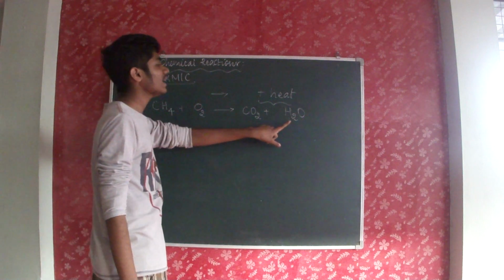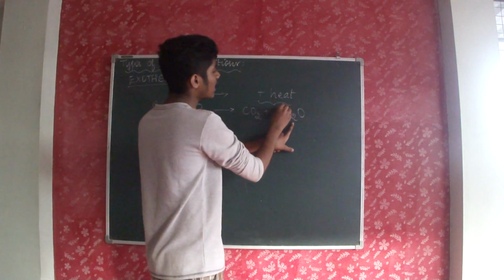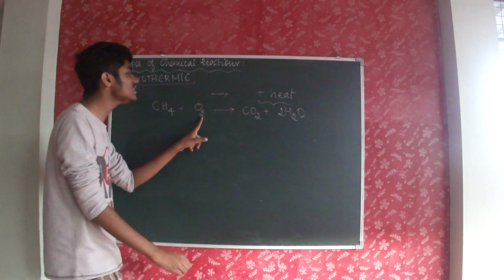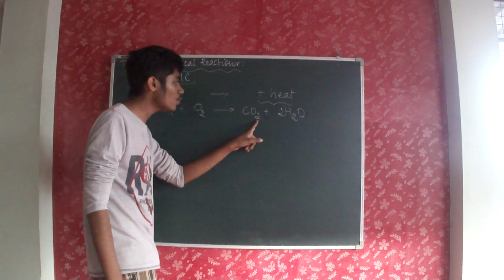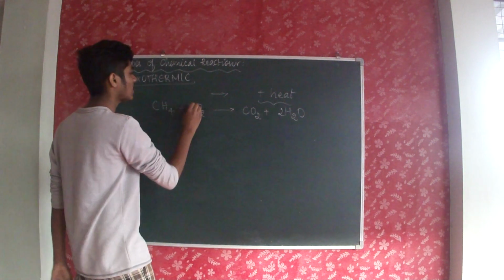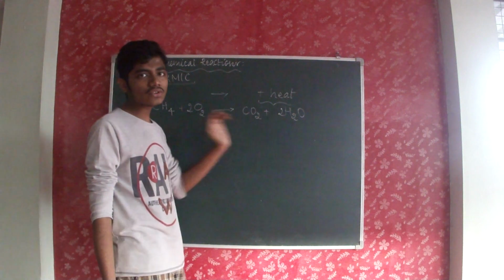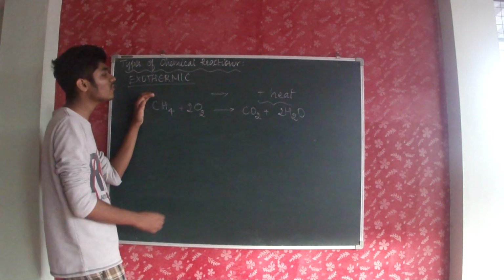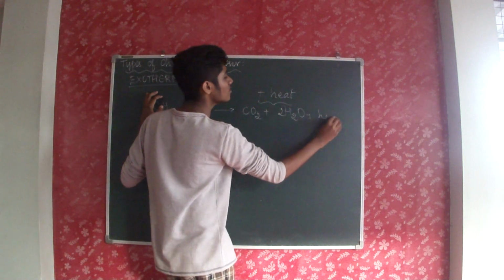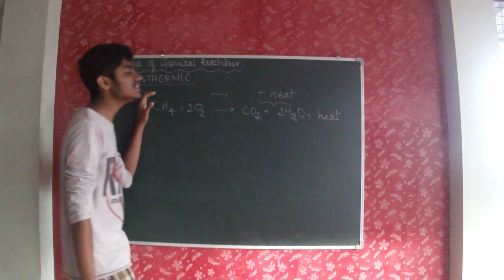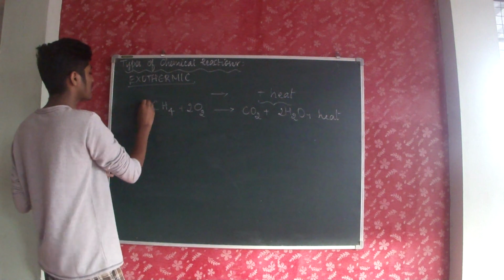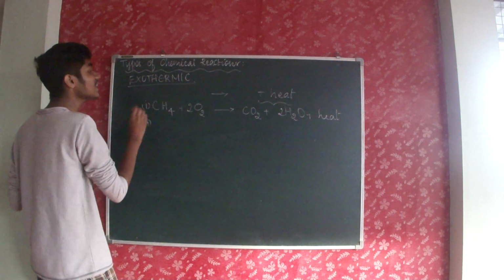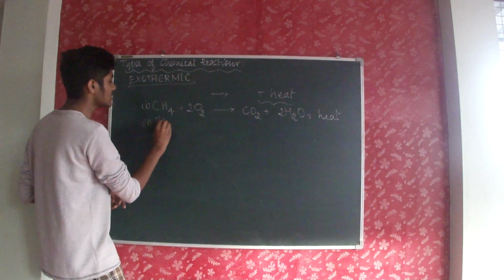Hydrogen 4, hydrogen 2, so I have to add 2 here. Now oxygen 2 plus 2 is 4, so I have to add 2 here. Have you understood how to balance? This is an example of an exothermic reaction because heat is evolved. Now the second example is respiration.